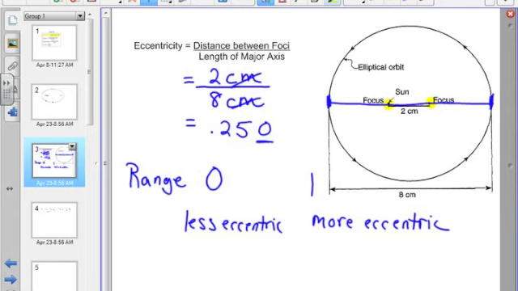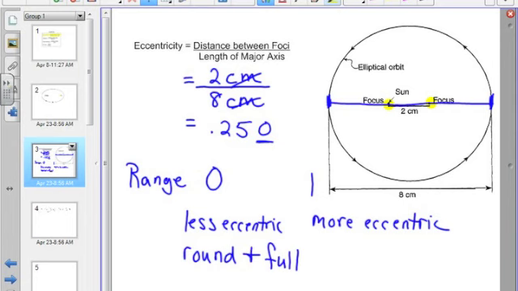But what does that really mean about the shape of the ellipse? Because that's what we want to get at. Values that are closer to 0, like we have in our sample here, that's a pretty small value, 0.250. Notice the shape. The shape is very, very round and full. That's what's true of values that are closer to 0. The shape becomes round and full.